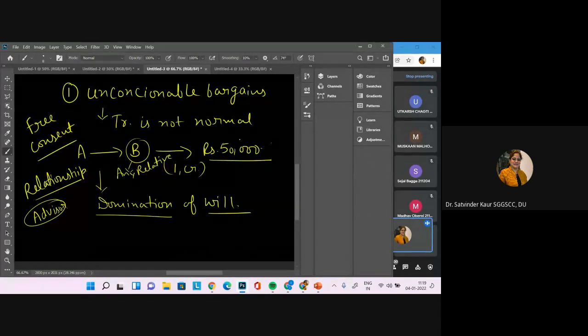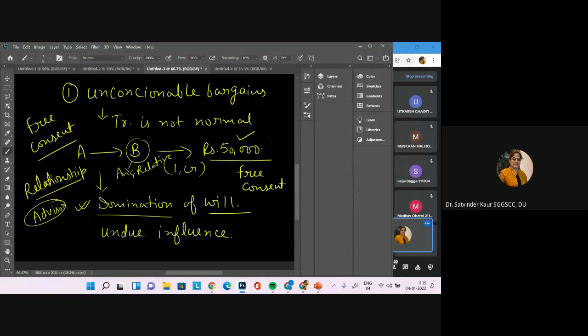Matter क्या करता है कि consideration is there and the consideration is given by the free consent of the party. So if there is a very unreasonable consideration, and there are possibilities that the other person is in the position of domination of will, there is a presumption that if we wish to set aside the contract, we can presume that undue influence might have been used, right?